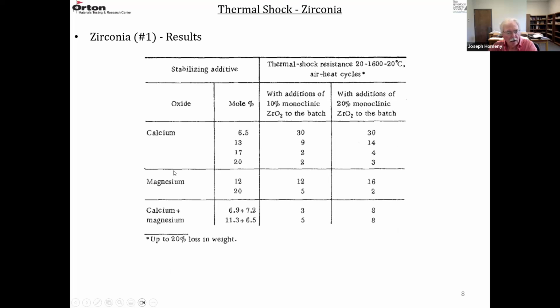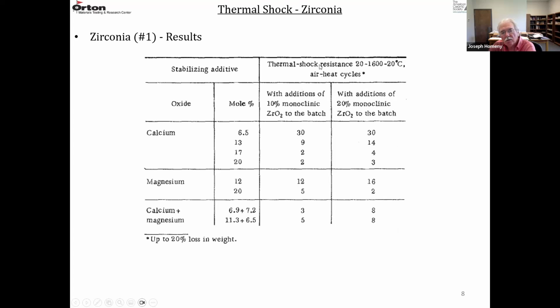So here's the calcium, magnesium, and the calcium and magnesium combination. This is the original mole%, and then this is with additions of 10% monoclinic and then 20% monoclinic.